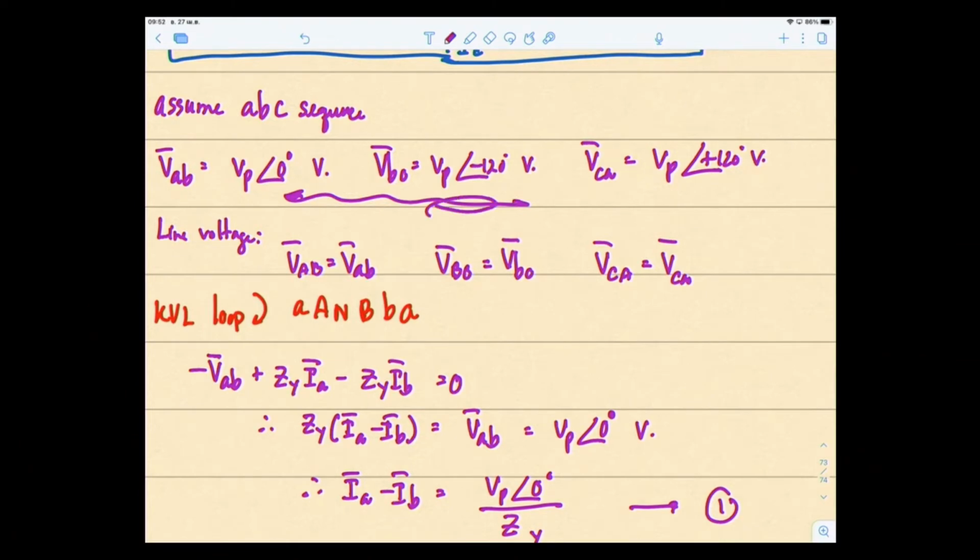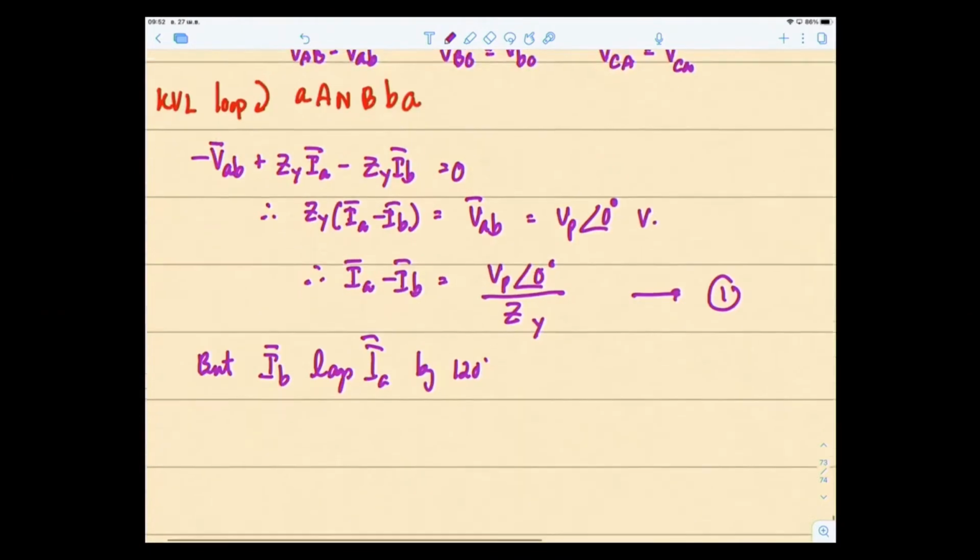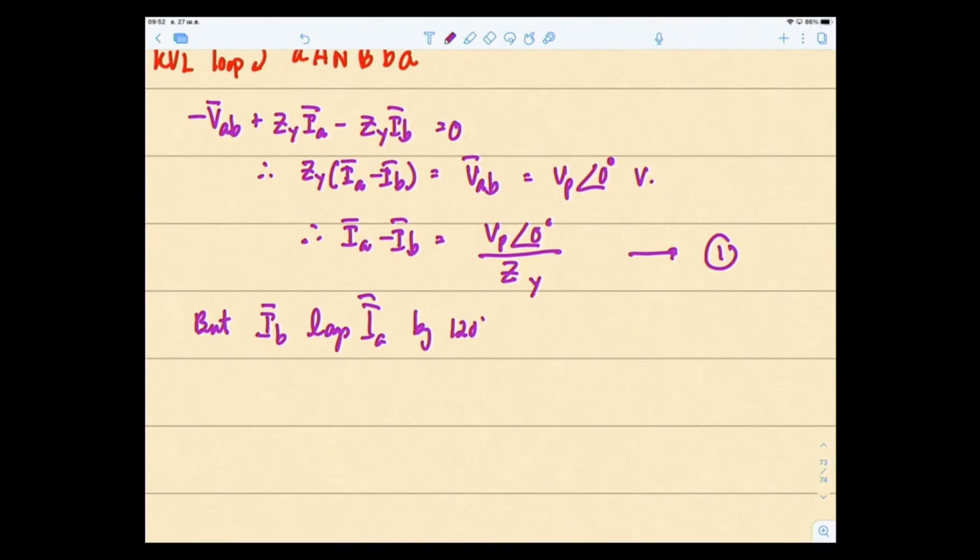The next value is minus 120 behind that of the one in front, like VAB. So therefore IB would lag behind IA also by 120 degrees.